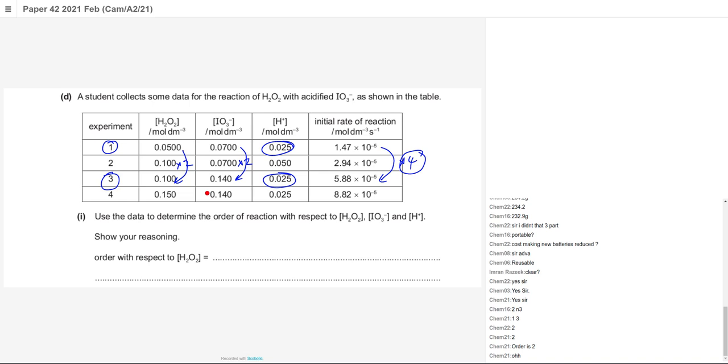Doubling the concentration of hydrogen peroxide and doubling the concentration of IO3 minus has increased the rate by 4 times.